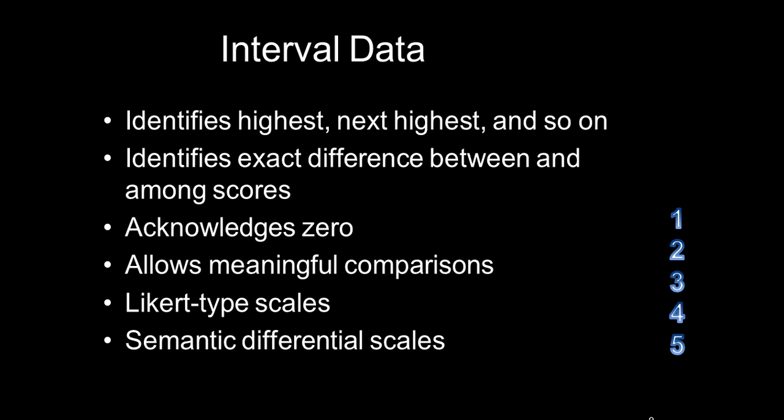Responses are often totaled across items to create a score or a total variable. The scores are then averaged, and we're able to determine what the mean score is to represent the entire sample. And we often gather this information through either Likert type or semantic differential type scales.